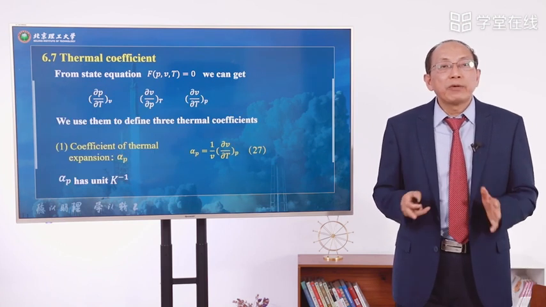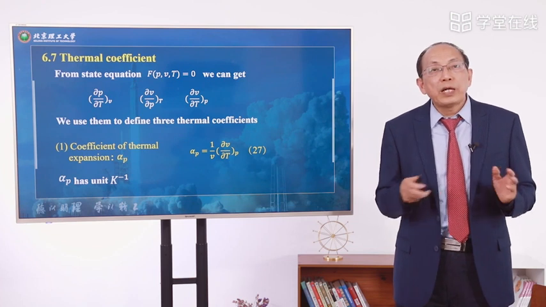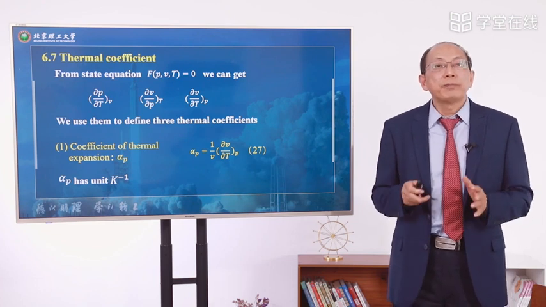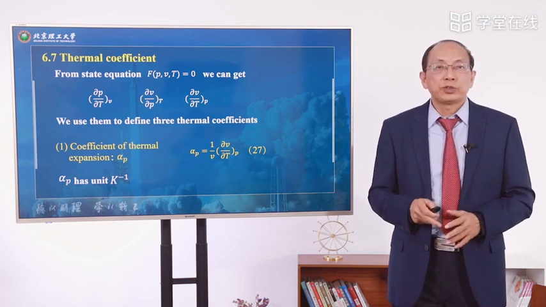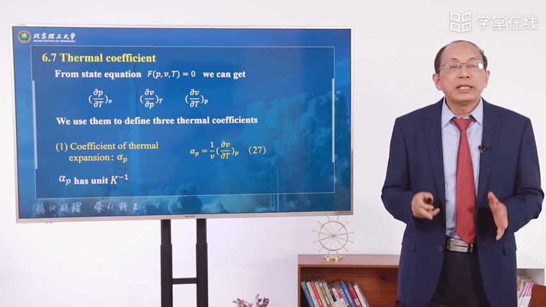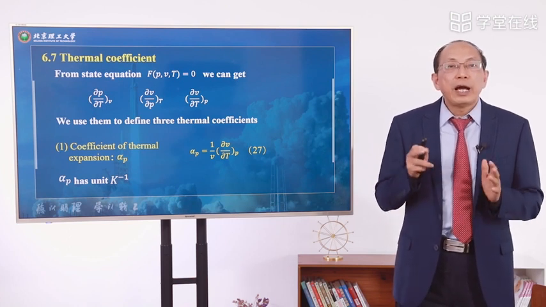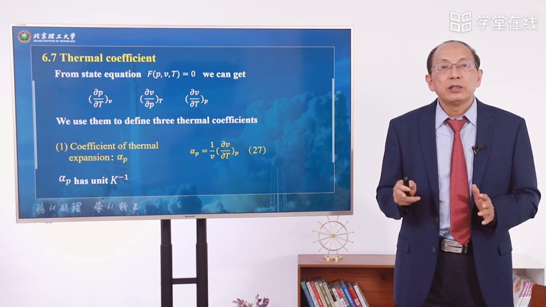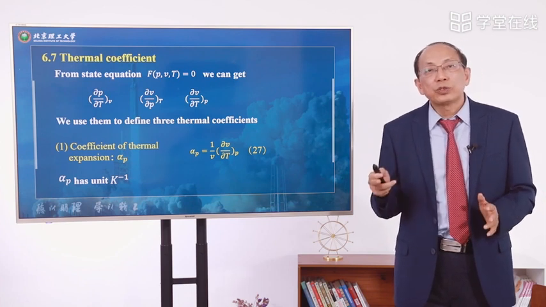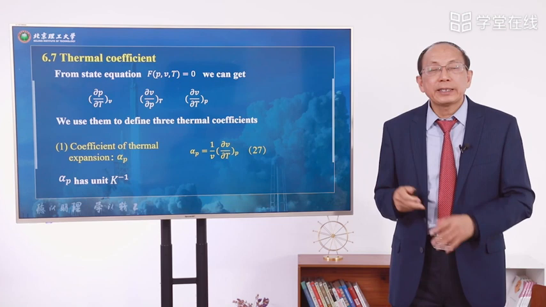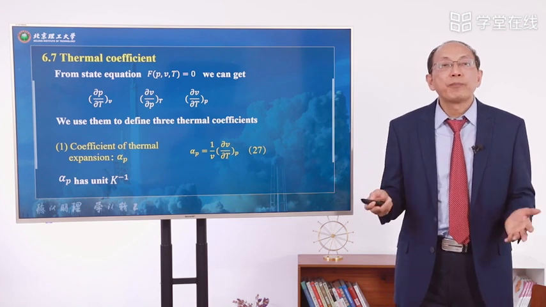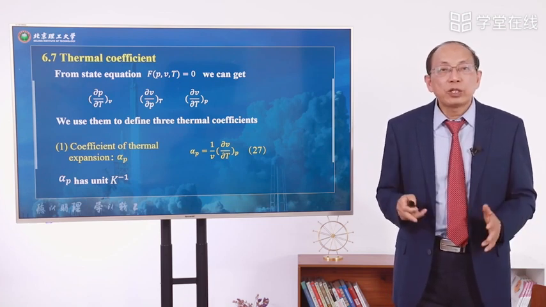In section 7, we especially discuss some thermal coefficients. From the state equation f(P,V,T) equals 0, where f is a function, we can get three partial derivatives.